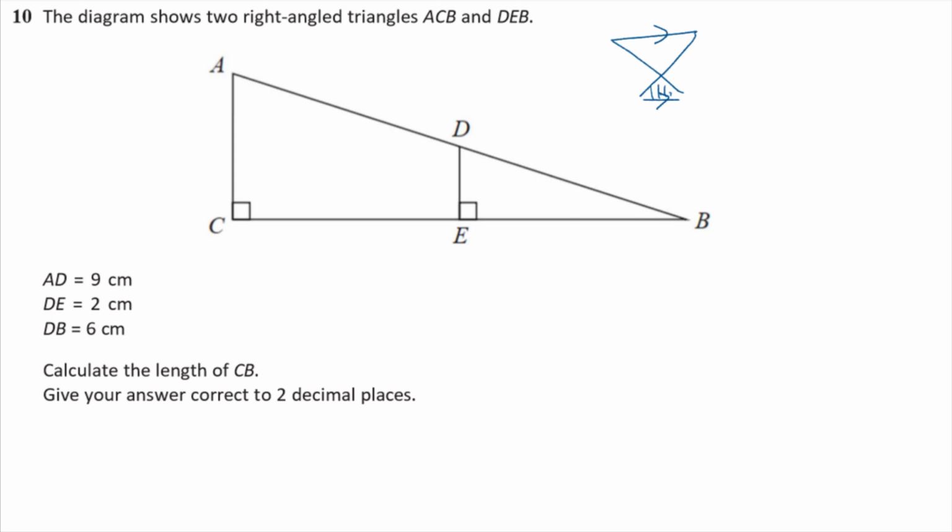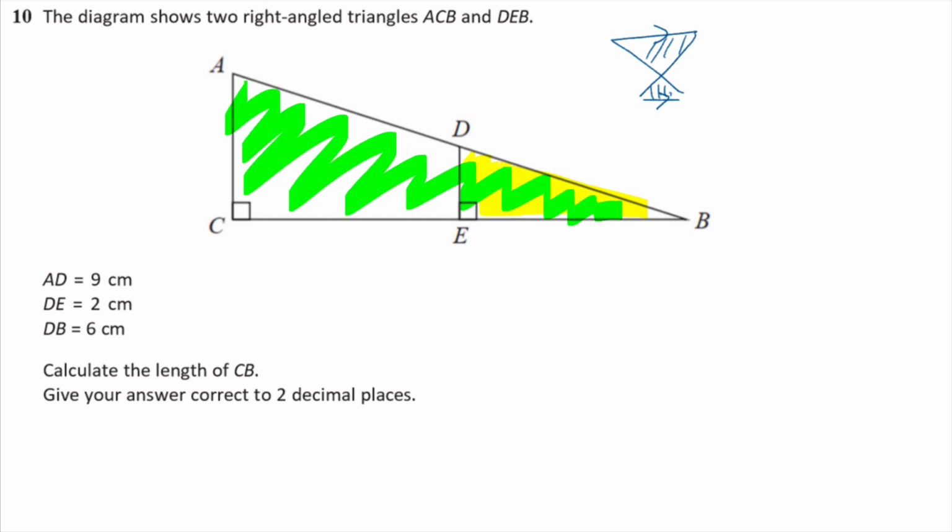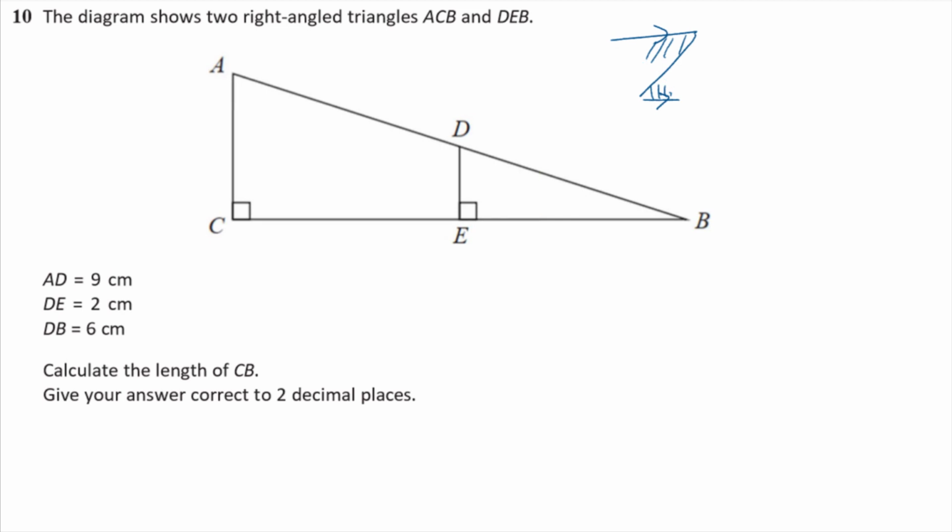So this one and this one are similar, and in this case you've got two triangles, one on top of each other. You've got this triangle here which sits on top of this triangle here, and those two triangles are going to be similar as well. Okay, so it's a problem involving similar triangles. So we can use the fact that in similar triangles sides are always in the same ratio to help us find missing sides that we might need for this problem.